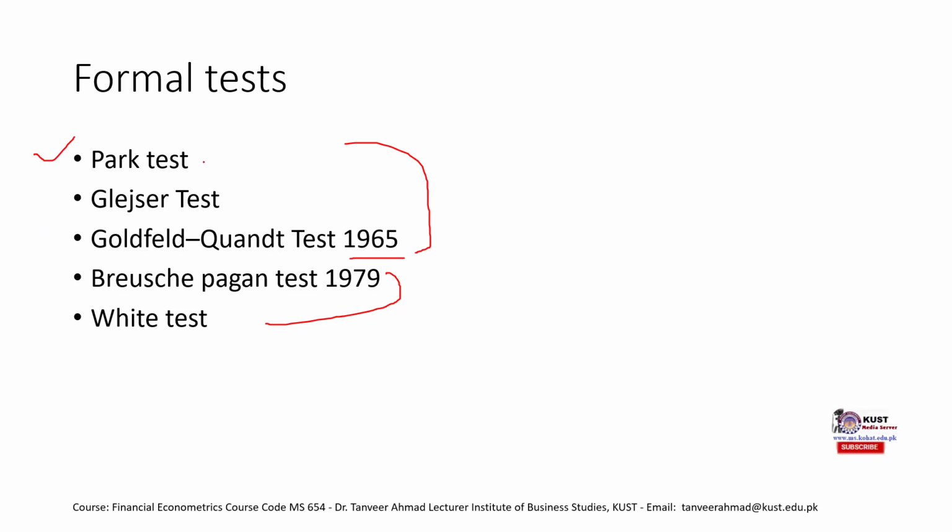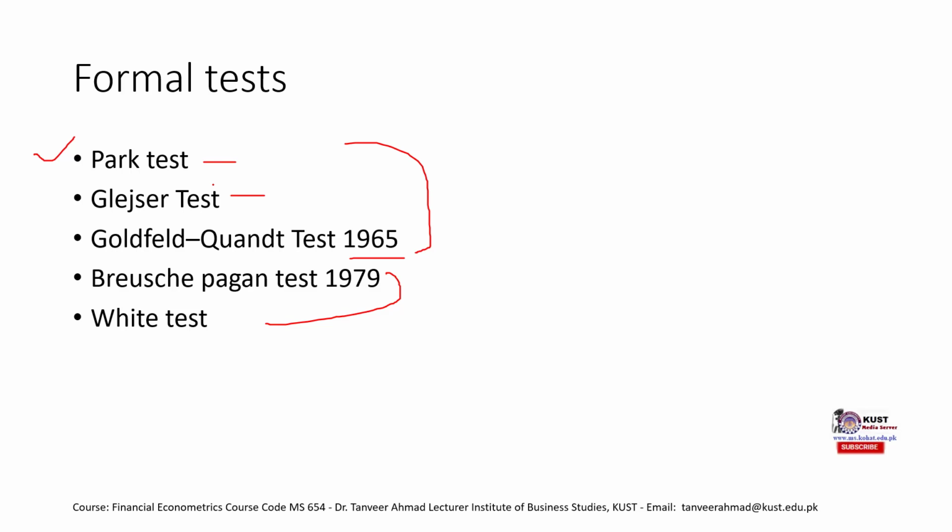We are just going to discuss the theoretical steps of these two tests, because we apply these tests using statistical packages. So we are going to apply them in those statistical packages and see how things happen.